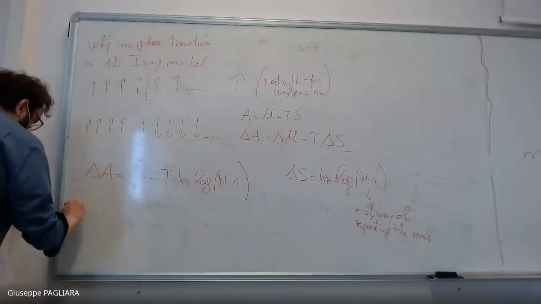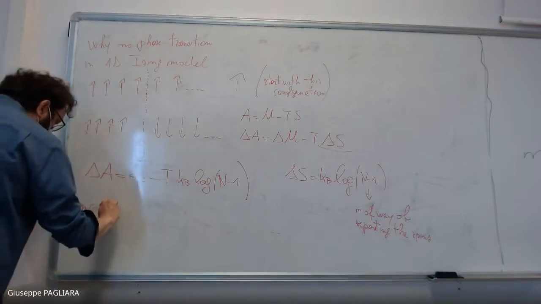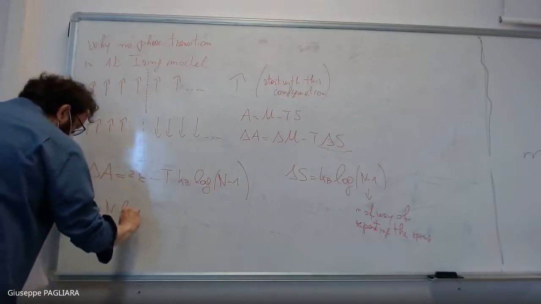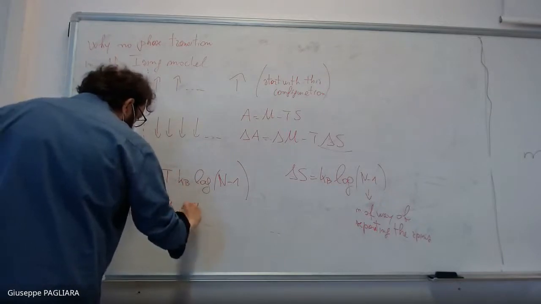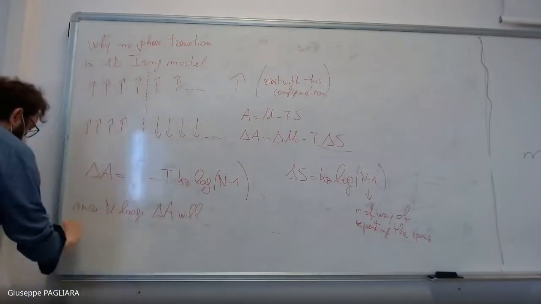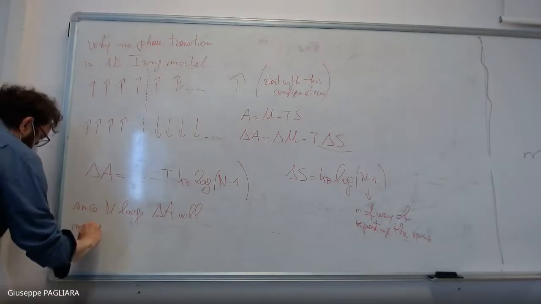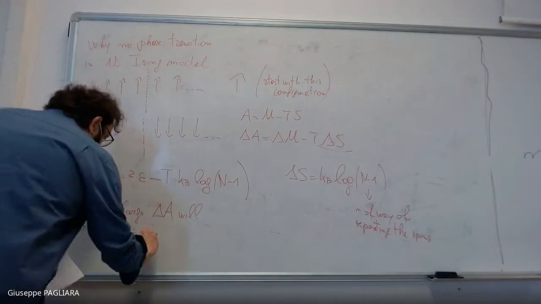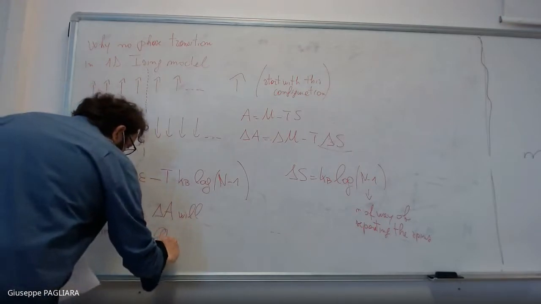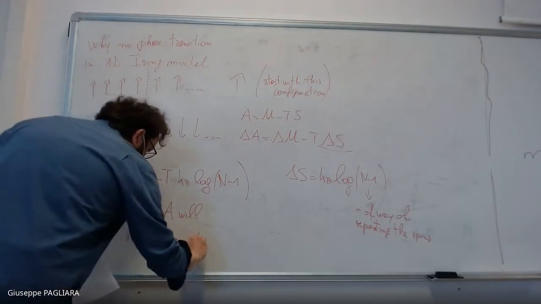So since n is large, delta A will be minimized by flipping the spins.